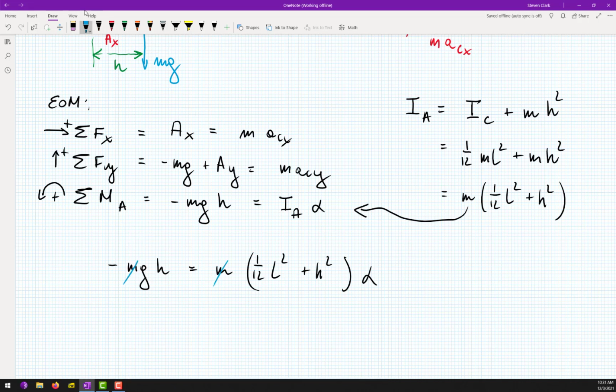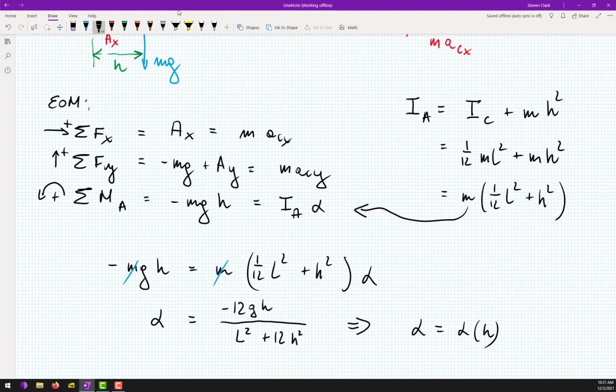Yeah, and we have expression for alpha. Alpha is equal to minus gh over (L squared plus 12h squared) times 12 in here. Okay, I don't like fractions. So we expressed alpha as a function of that distance h.